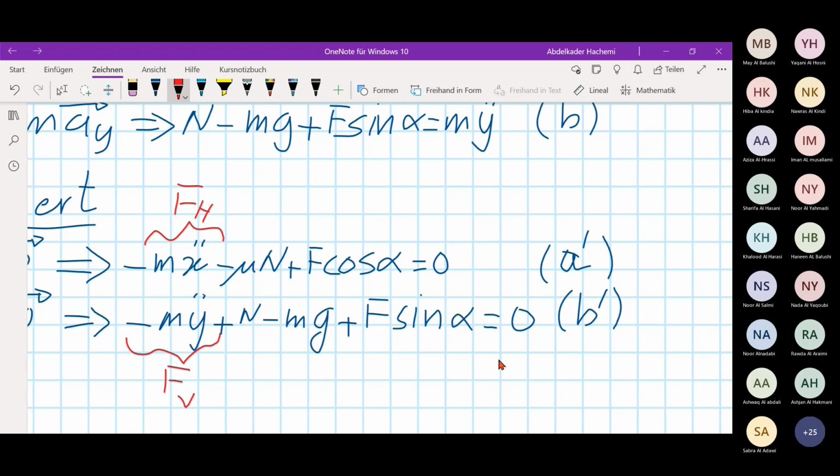By principle there is only motion along x direction when the cable is pulling the mass m, and there is only a certain time where the mass lifts the ground.